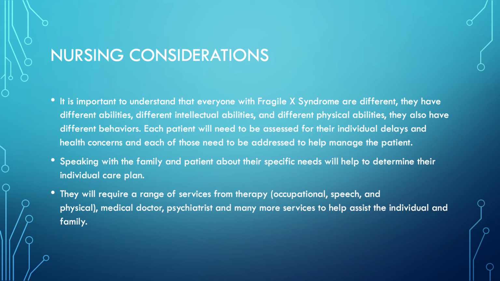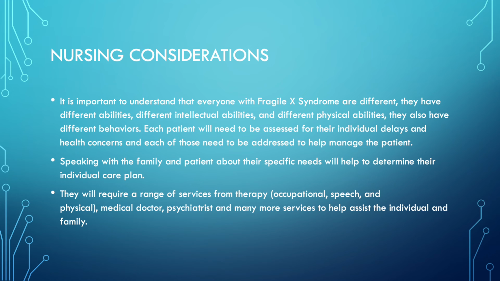It is important to understand that everyone with Fragile X syndrome is different. They have different abilities, different intellectual abilities, and different physical abilities. They also have different behaviors. Each patient will need to be assessed by the nurse for their individual delays and health concerns, and each of those needs need to be addressed to help manage the patient.